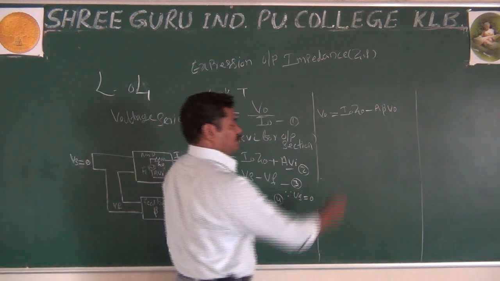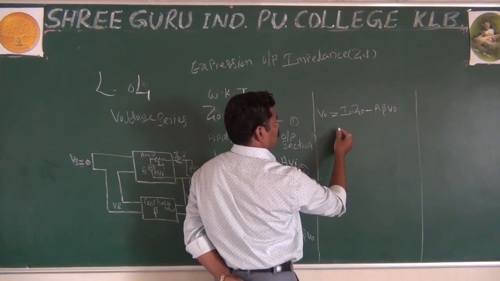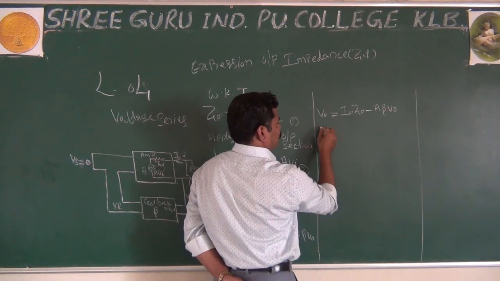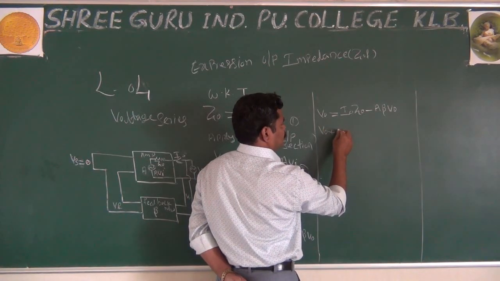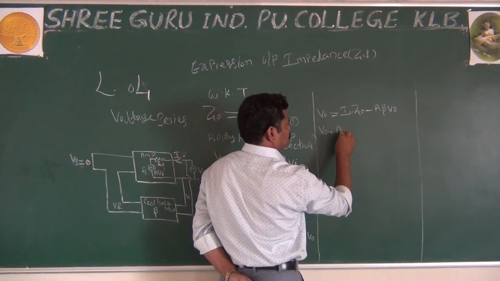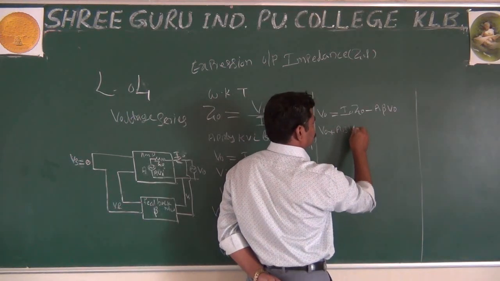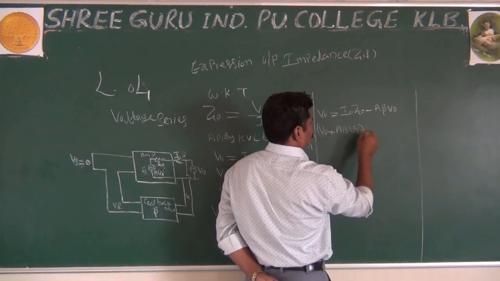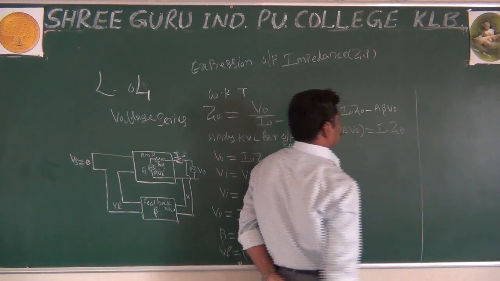Then you take the V naught terms to one side and I naught Z naught to the other side. You write V naught plus A beta V naught equal to I naught Z naught.